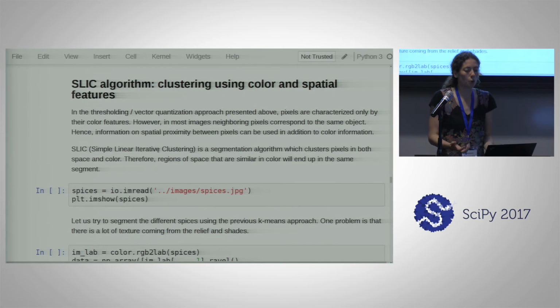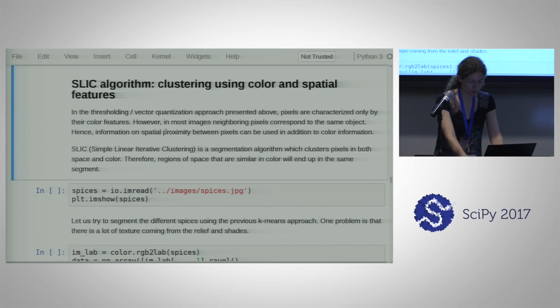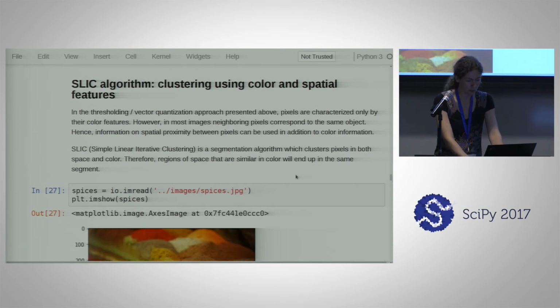And usually when you want to segment an image, neighboring pixels should be in the same object. And here we will see how we can improve on the clustering we did before.